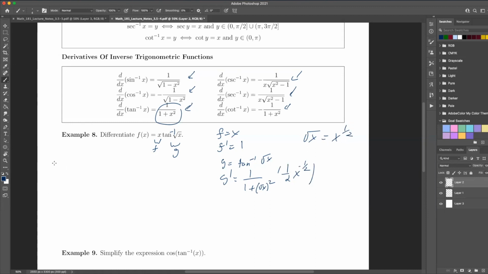And then we just put it together. So it'll be f g prime plus f prime g. So we'll have x times the inverse tangent of square root of x.